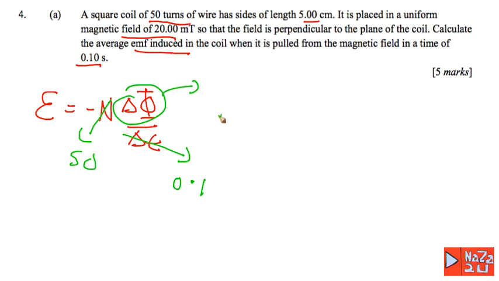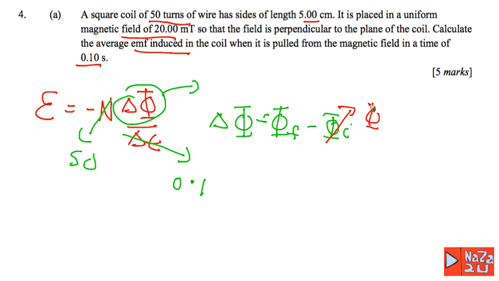The change of flux is given by the flux final minus flux initial. So flux initial, you can use the equation BA cos theta, right?